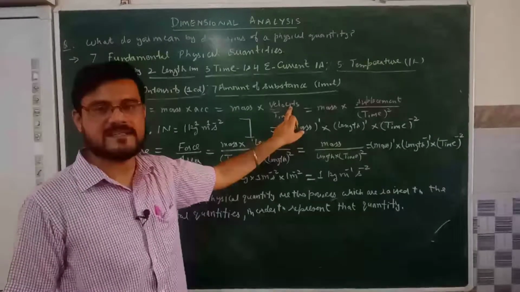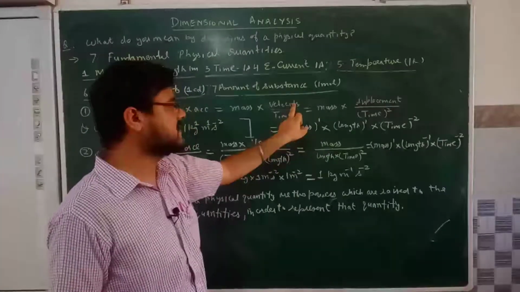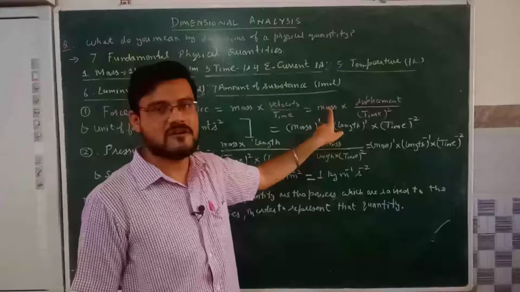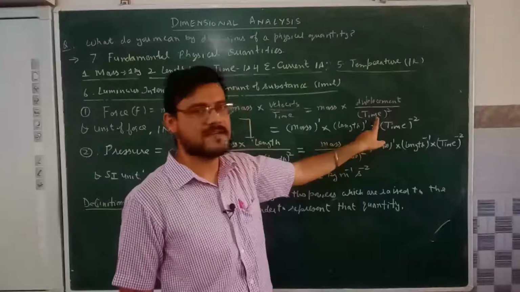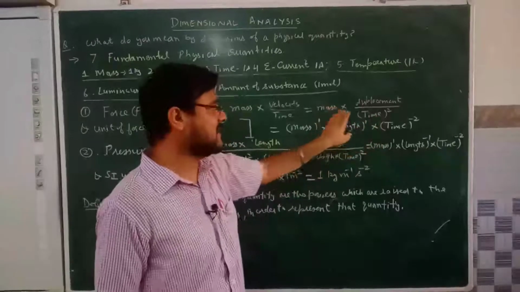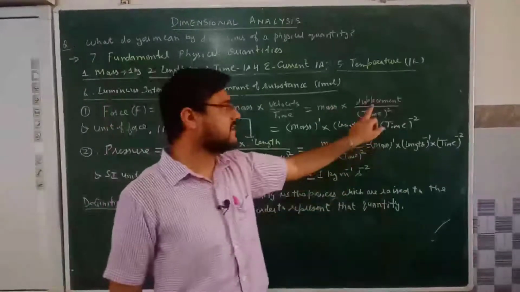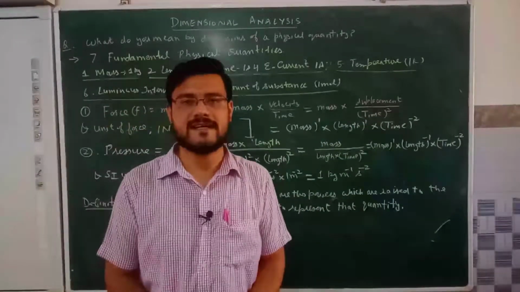Velocity, we know, is a ratio of displacement and time. So, by writing velocity as a ratio of displacement and time, we get the final result which is mass multiplied by the displacement divided by the square of the time. Now, mass and time are already fundamental physical quantities, but we know that displacement belongs to the fundamental physical quantity that is length.